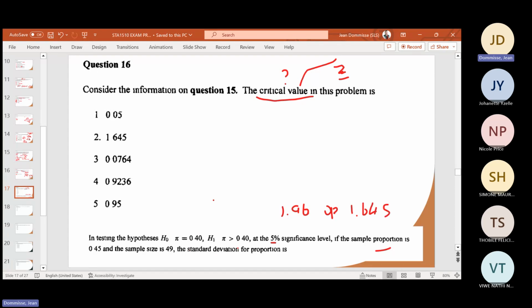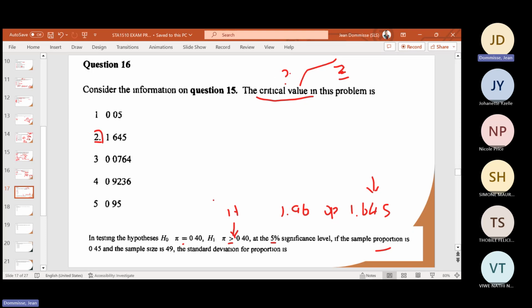Is this a one or two tail? It's only bigger, so that is bigger and that is equal to, so what does that show me? It shows we're working with a one tail. One tail means the critical value is 1,645.